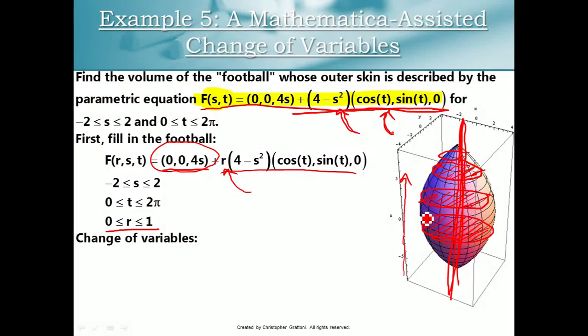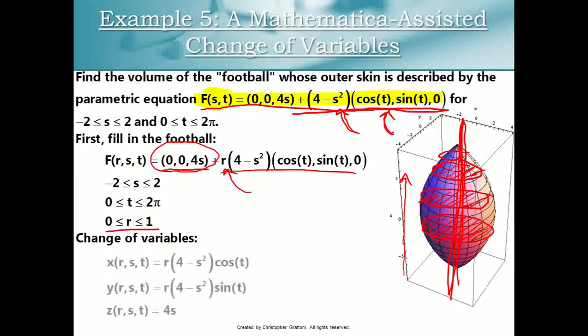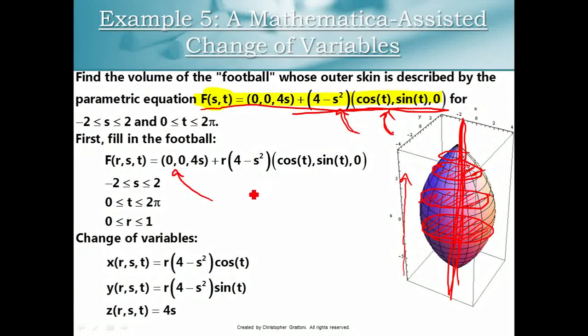So here's my change of variables. The parameterization is your change of variables. Remember, if you can parameterize a region, you're going to be able to triple integrate over it. By the way, 0 plus r times the square root of 4 minus s squared times cosine of t, that's your x. Basically, I'm taking the x coordinate of each portion of that equation.